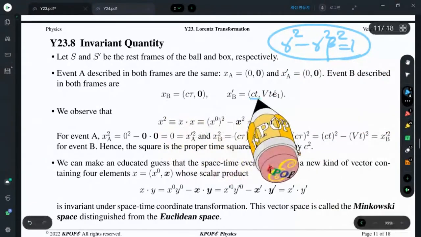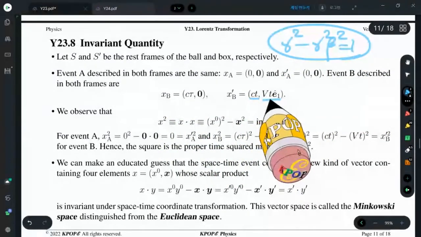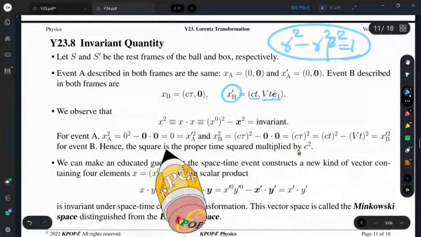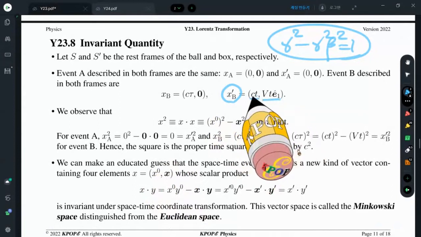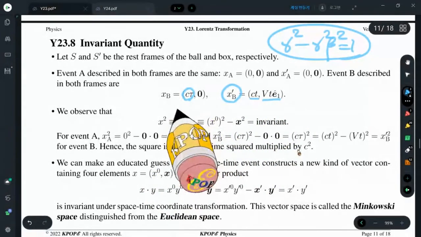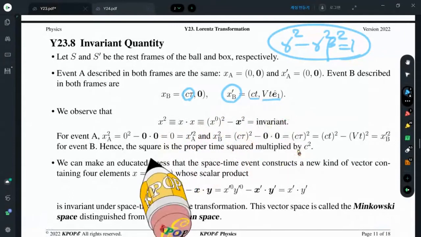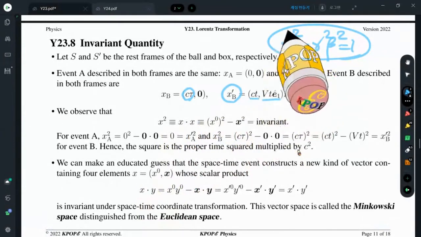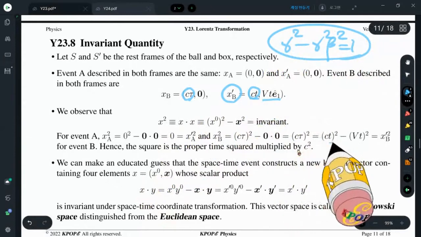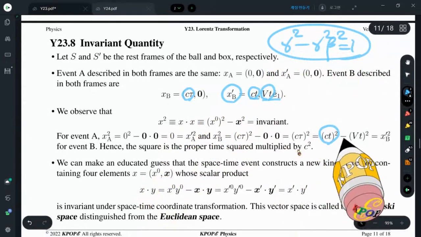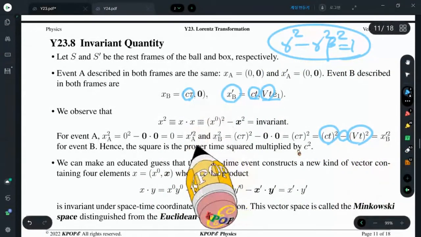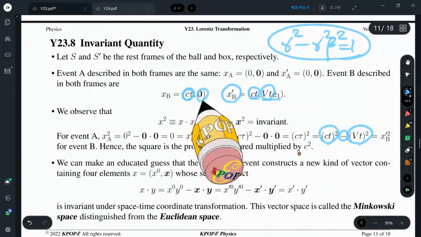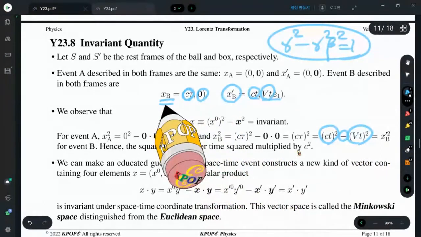For example, the space-time coordinate of event B in the box rest frame, ct, vt, and c tau, in the ball rest frame. These two look different. However, the square of the time component subtracted by the square of the spatial component is always the same as the original value measured in another inertial reference frame.